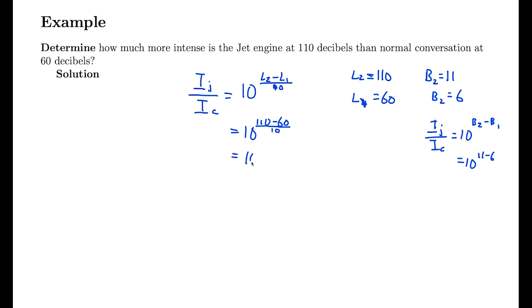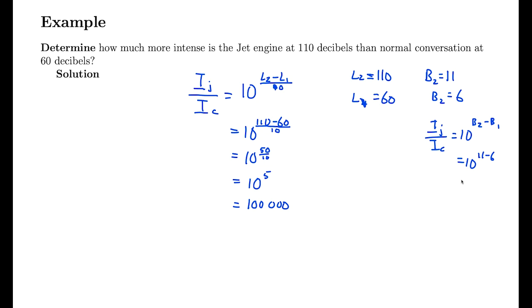We have 10 to the 50 divided by 10, and that ends up being 10 to the 5. We can see then the comparison of the jet engine sound compared to normal conversation is 10 to the 5, which ends up being 100,000. So that means that a jet engine at 110 decibels is 100,000 times as intense as normal conversation.